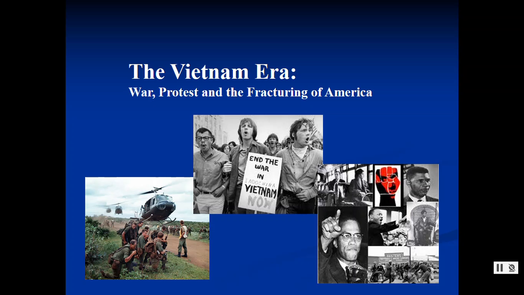successful attempt on the part of the Democratic Republic of Vietnam, or the North Vietnamese, and the National Front for the Liberation of Vietnam, and that group, in short, was called the Viet Cong, to unite and impose a communist system over the entire nation. Opposing these two groups was the Republic of Vietnam, and these were the South Vietnamese.